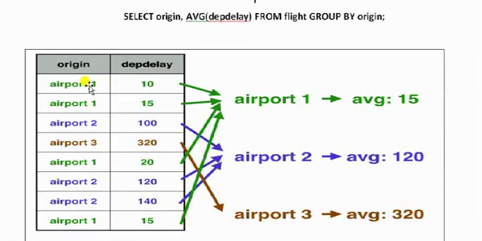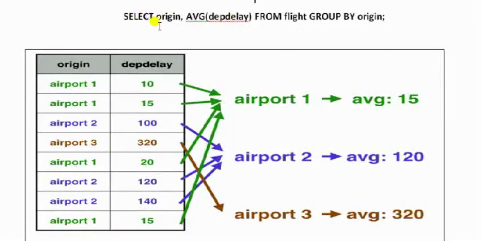So for airport 1, 4 values: 10, 15, 20, and again 15. So altogether the average value is 15. Average value of airport 2, 100, 120, 140 is 120. And average value of airport 3 is only 1 value, so 320.